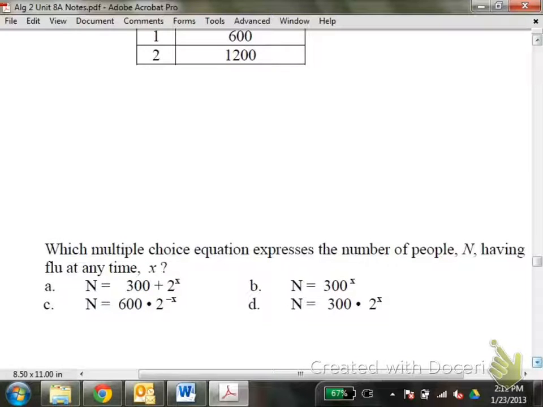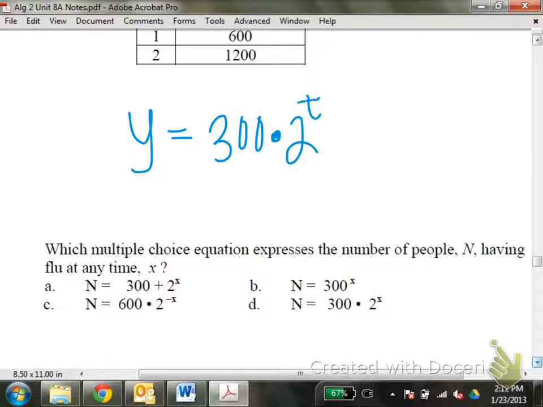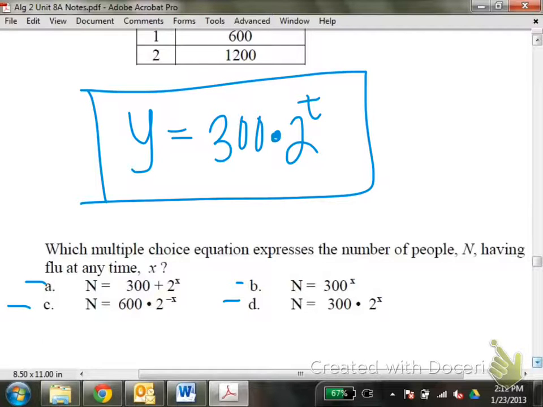So we had y equals 300 times 2 to the t, right? Now the question asks which multiple choice equation expresses the number of people having the flu at any time. Look at your answer choices, A, B, C, and D. Which one looks like the formula that we created? D. So that would be your answer choice.